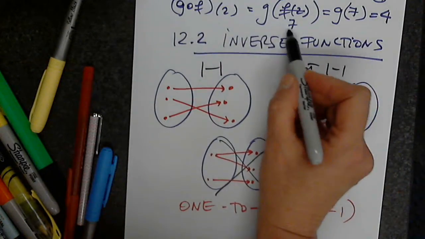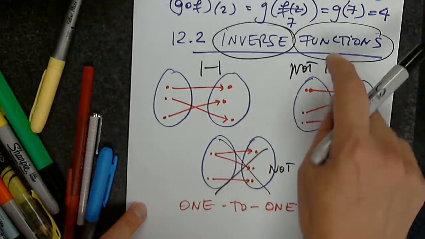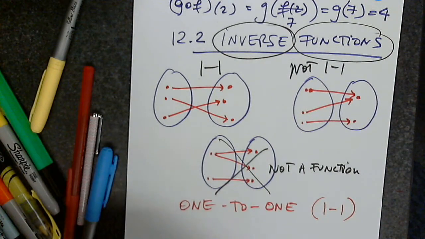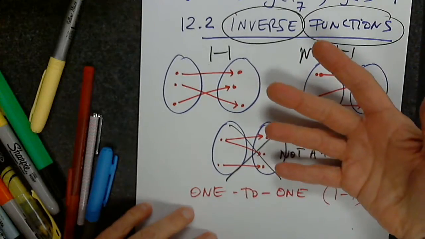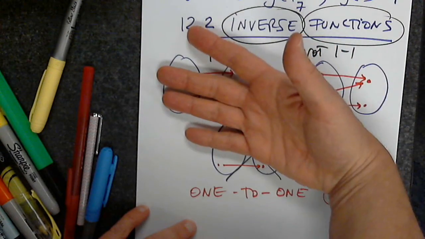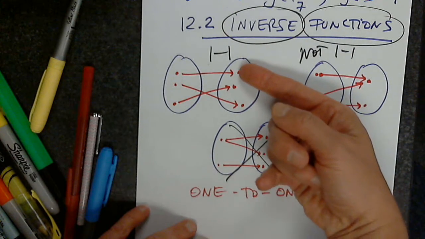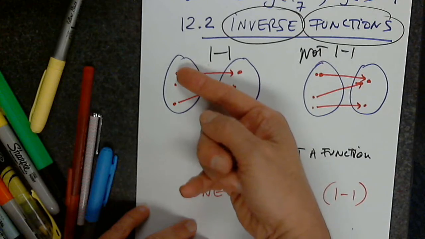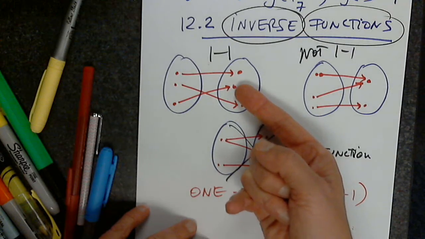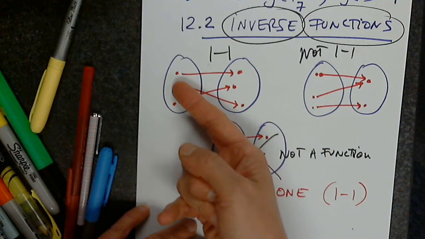It's because a function has an inverse function only if it is one-to-one. Because the inverse function will return the initial values. If I apply the inverse function to this value, where will it go? Back to this. If I apply the inverse function to this value, where will it go? To this, and so on and so forth.